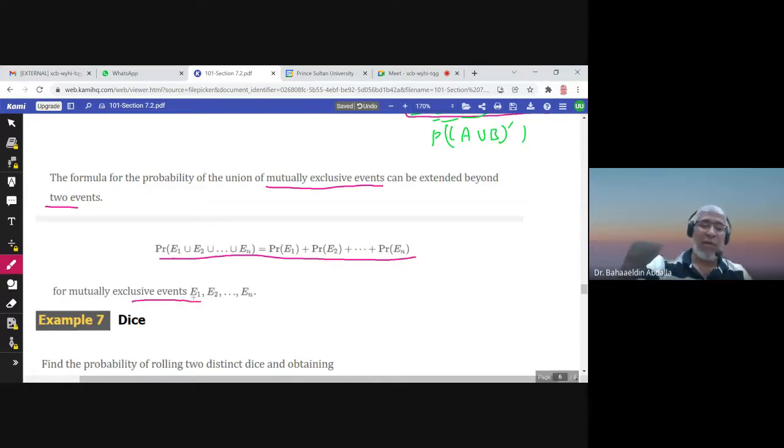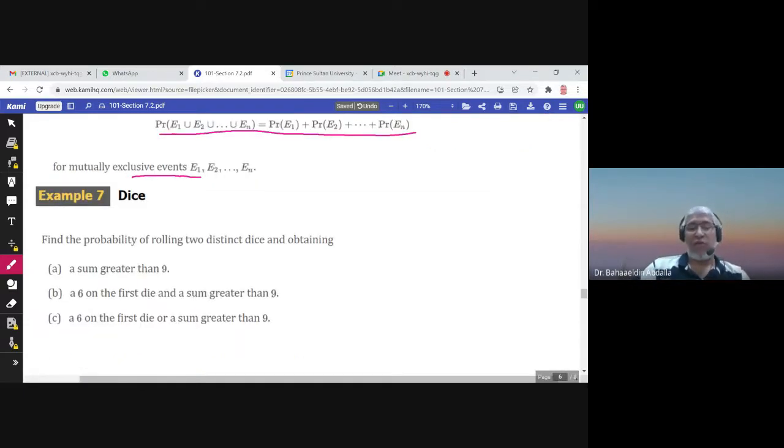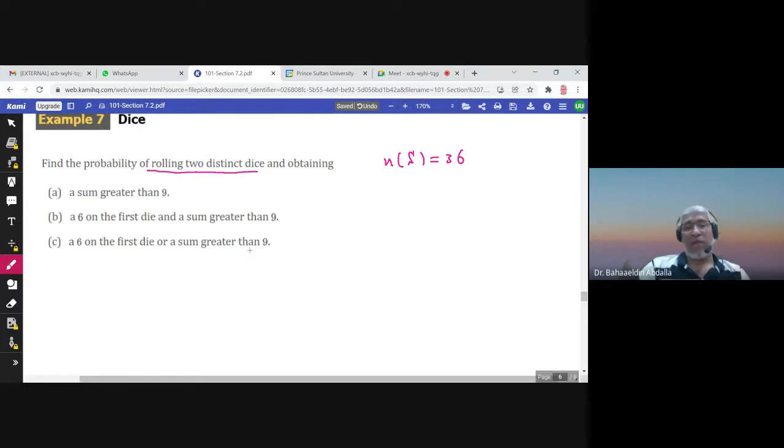All right. Find the probability of rolling two distinct dice. You notice in section 7.1 we mentioned the sample space for this experiment when we roll two distinct dice, and we have seen that the number of elements in the sample space is 36 in this case. A sum greater than 9.